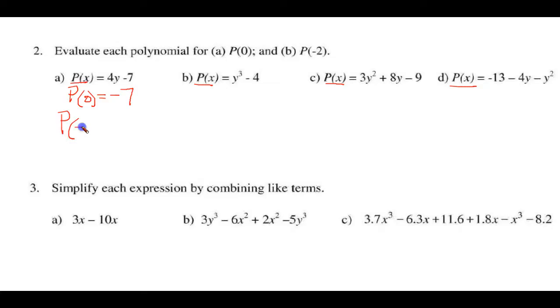When it's a negative 2, 4 times negative 2 is a negative 8, and a negative 7 is a negative 15. Okay, following this pattern, let's see what you can come up with.